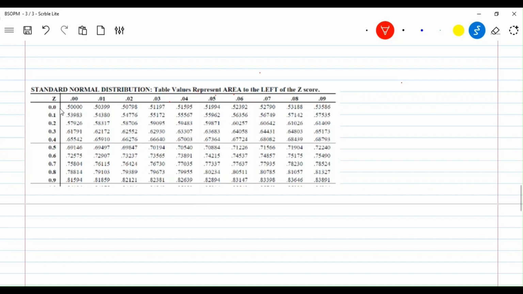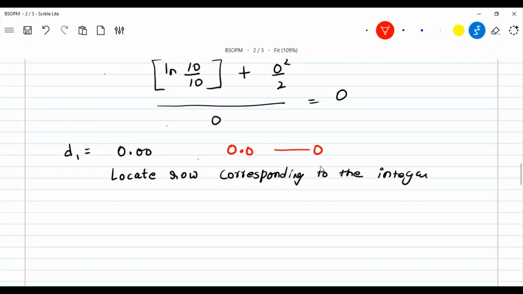When you see the standard normal distribution table, you will find the z value as negative or positive, because you may get a negative value also for D1 or D2. Here, because we got a positive value, we are checking 0.0 for 0, and we got this value 0.50. So our N(D1) value is equal to 0.50.